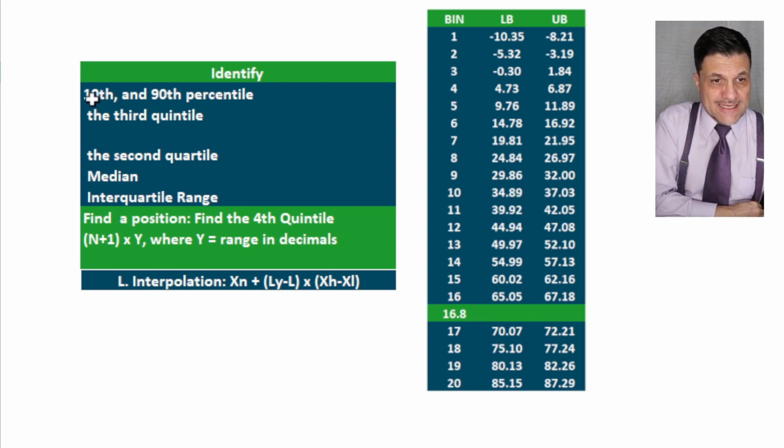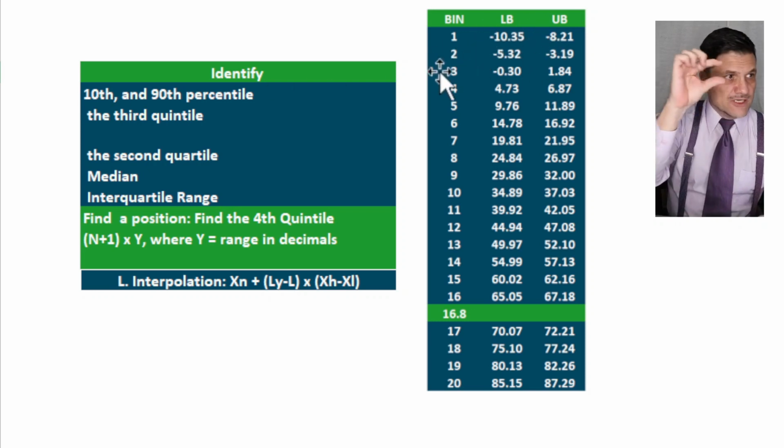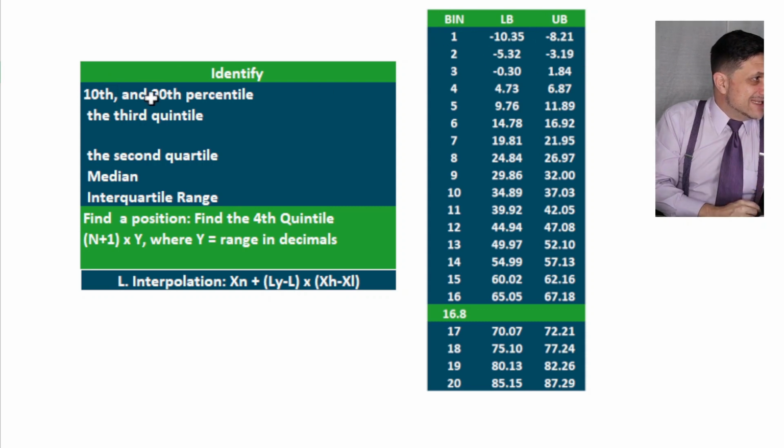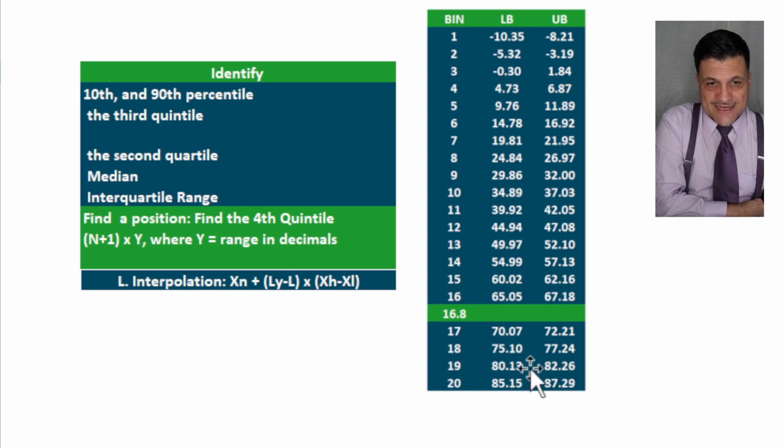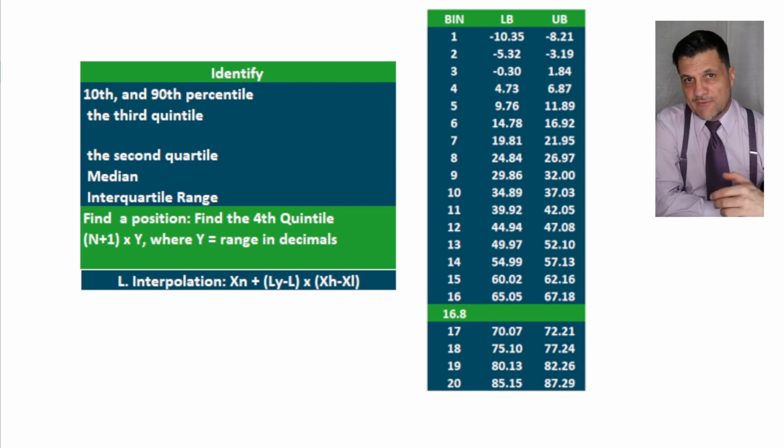If I wanted the 10th percentile, it's just the first two numbers right there. If I wanted the 90th, I have to go all the way down here, which is the last one before the last.